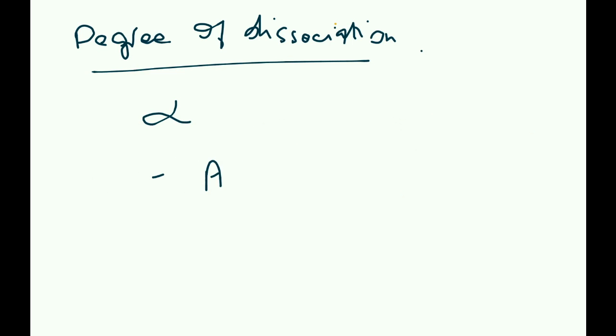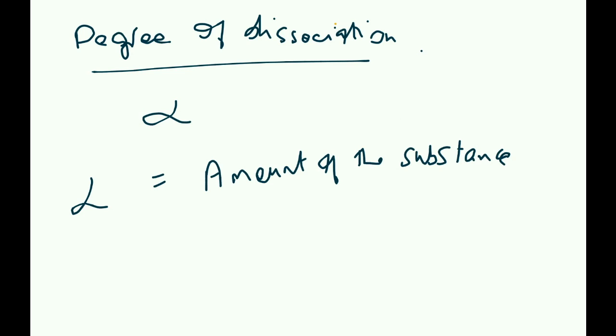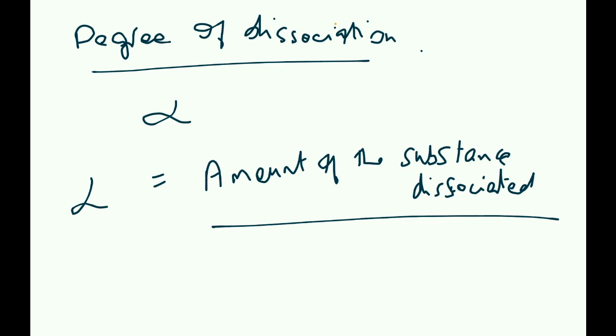So my alpha is going to be equal to the amount of the substance dissociated, how much of it is actually dissociated, divided by the initial amount, like how much of it did I take first.